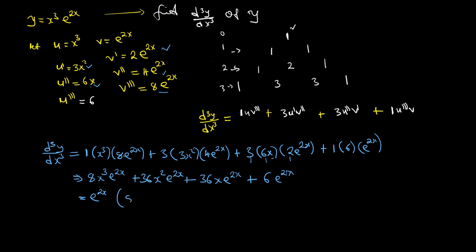So here I have 8x cubed, then plus 36x squared, then plus 36x, then plus 6. I'm done just like this.